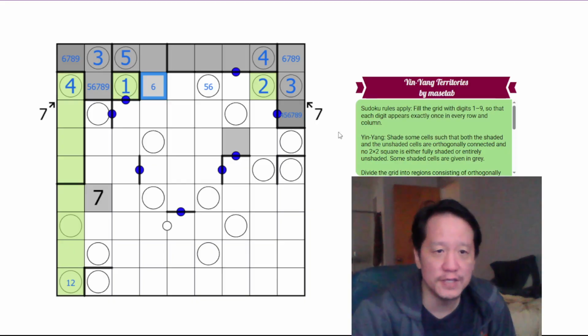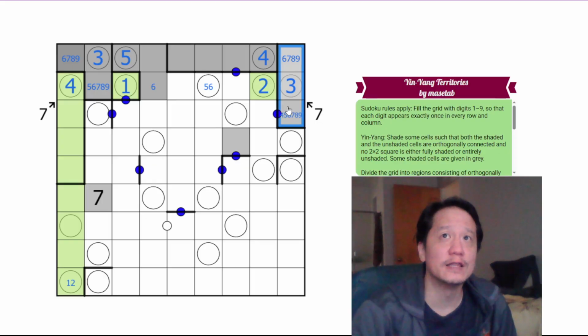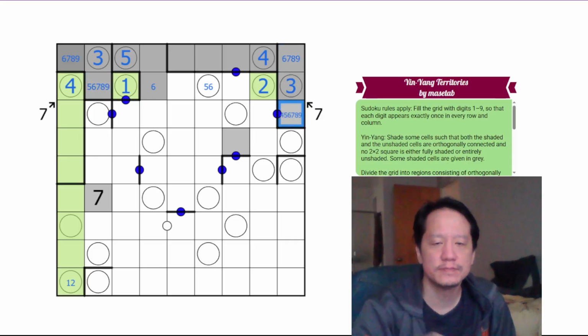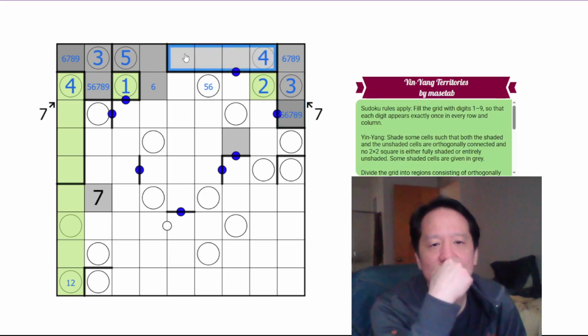So that means these must add up to at least 17. That means they must be at least 14 for the remaining digits, which is 5 and 9. 5 is the lowest digit. This must add up to 17 at least.